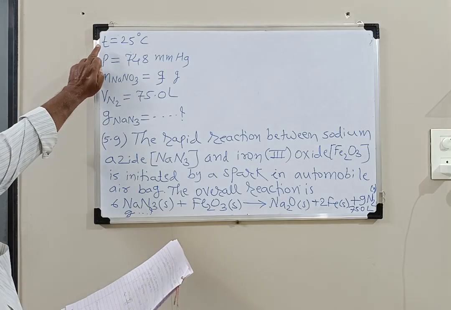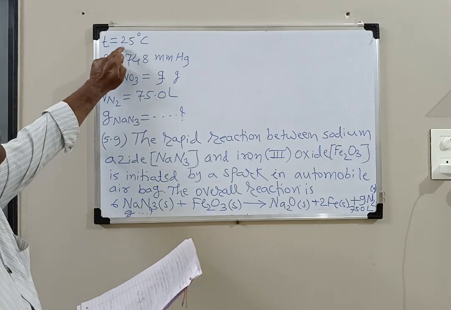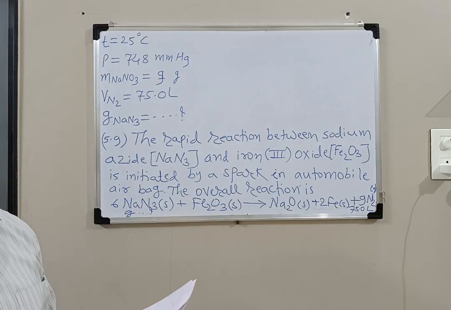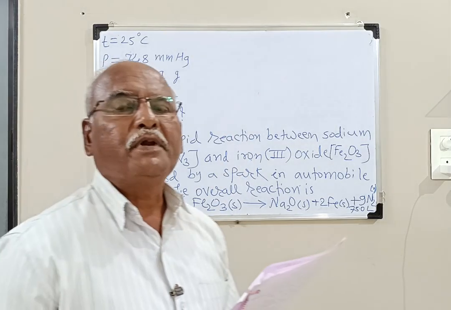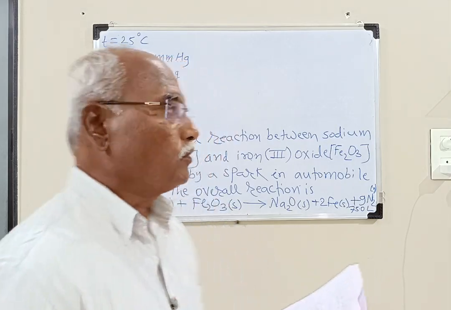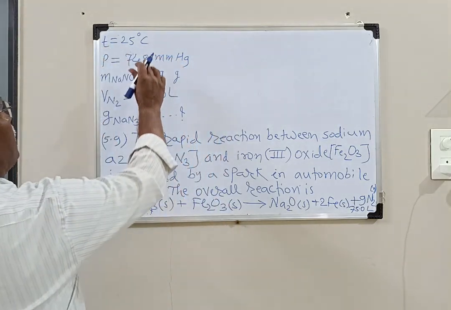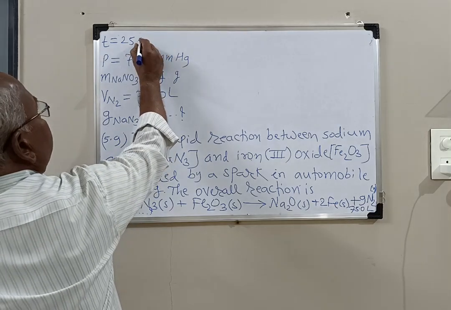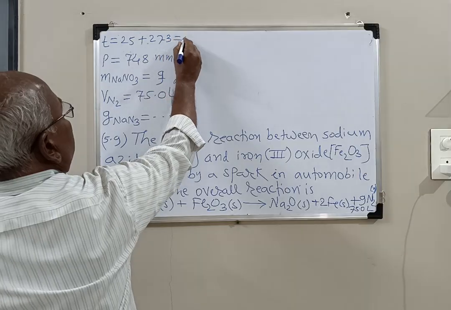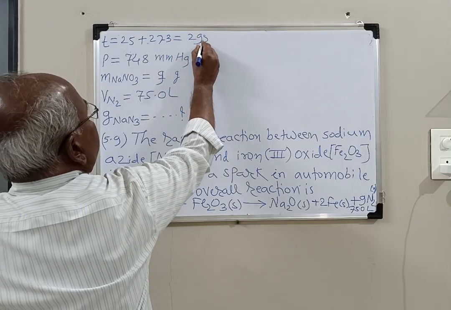So look here, temperature is given in degree centigrade. We want the temperature in Kelvin scale. Therefore, I add plus 273, that is equal to 298 Kelvin.